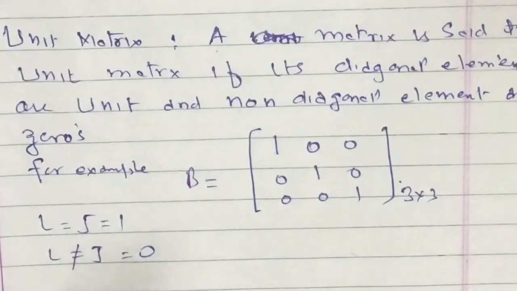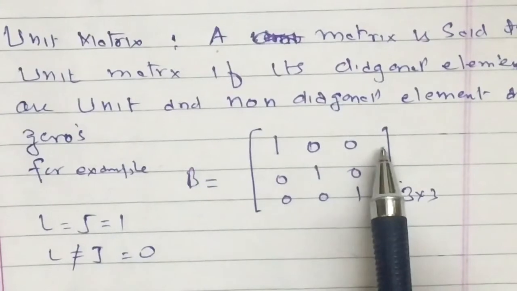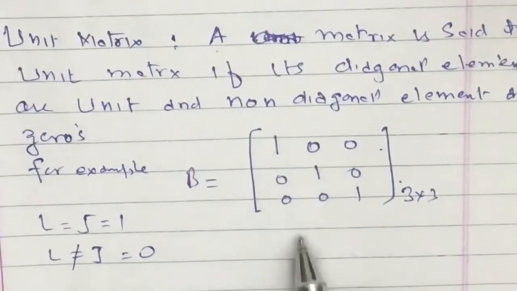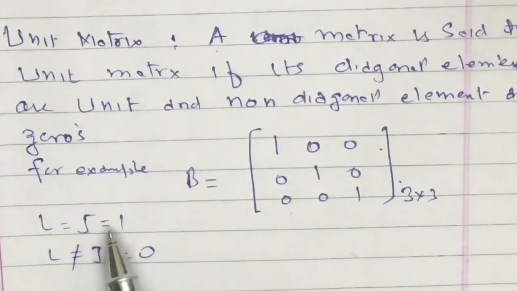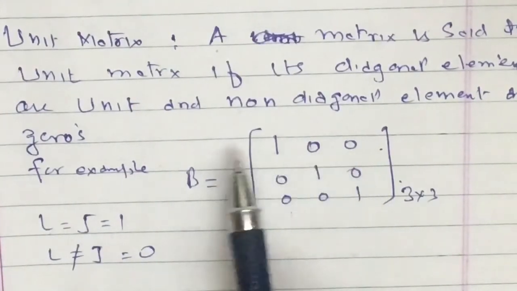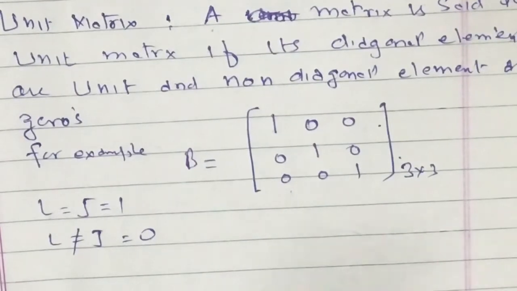Here i represents the ith row and j represents the jth column. Basically, these represent rows and columns.